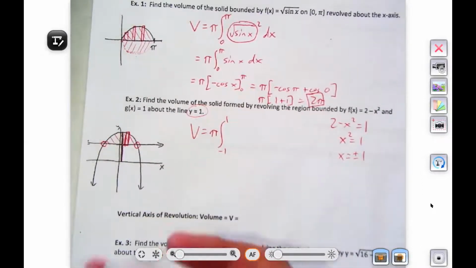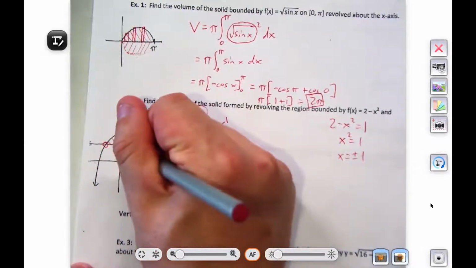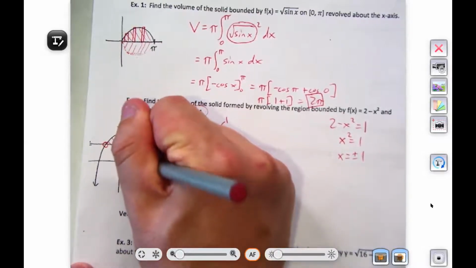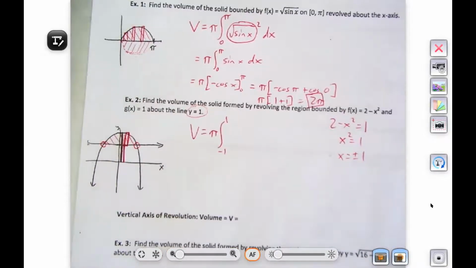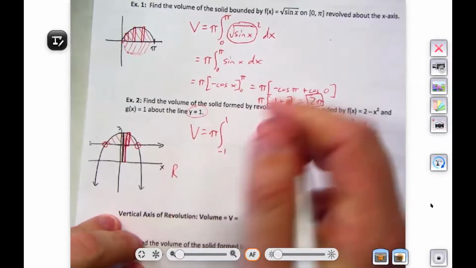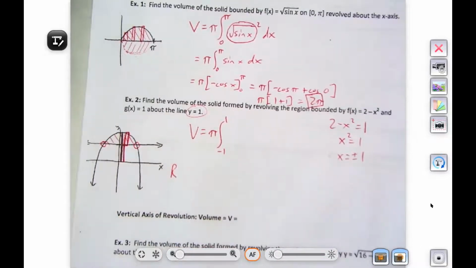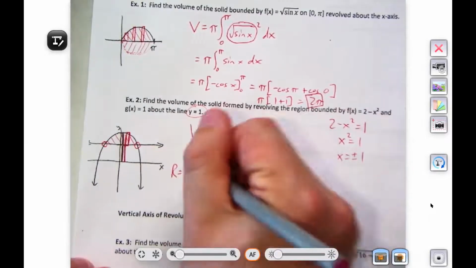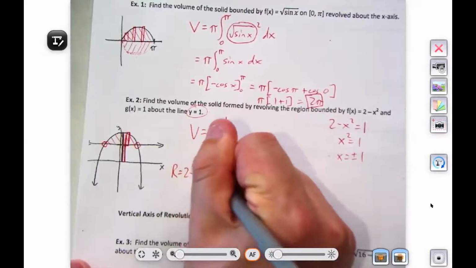But that's not what I'm after. Then I need to take away whatever this distance is from the x-axis to 1. So basically the length of that rectangle is the function value, that black bar, and then take away the distance to 1, which is 1. So big R in this problem, or I say big R because when we get into washers we're going to have a big R and a little r, our R on this problem is going to be 2 minus x squared minus 1.